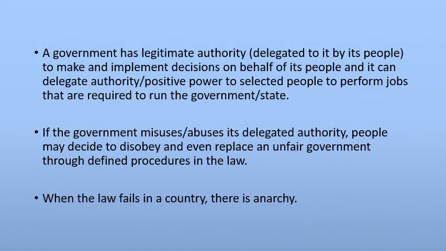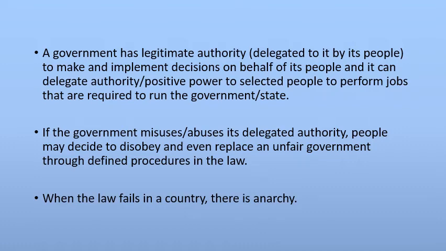For example, if a government has legitimate authority, it can delegate this authority to different people who are given responsibilities to perform different jobs, and they are entitled to use this power whenever it is needed. If the government is misusing the authority or power delegated to it by its people, people have the right to disobey or even to replace this unfair government and bring a new one through defined procedures.